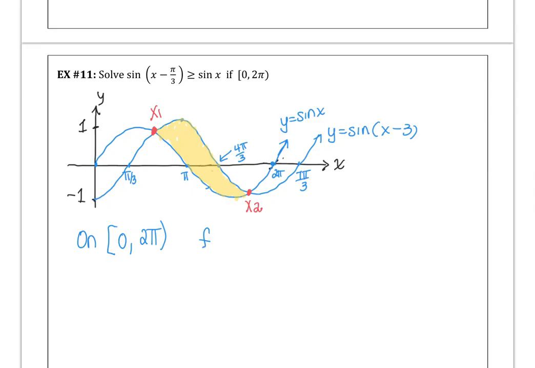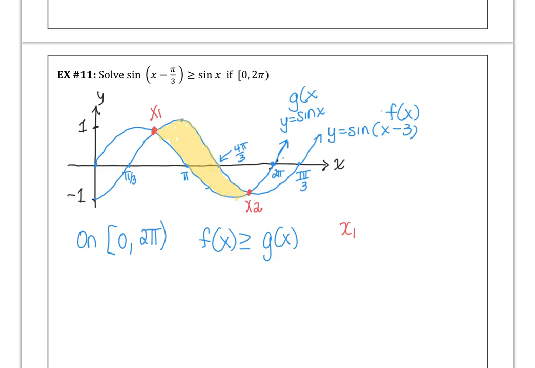So I want to know where f is. If this is f of x, I want to know where f of x is greater than or equal to g of x. This is g of x. So we can find that x sub 1 using the intersect feature.